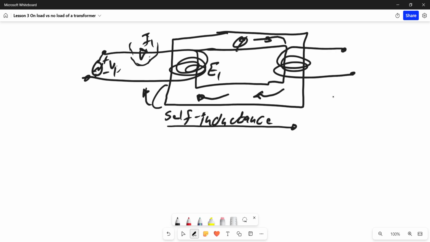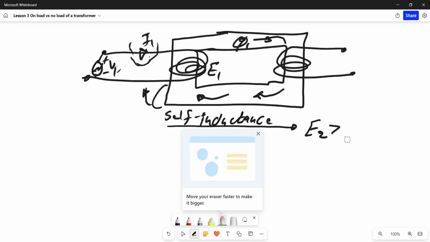Okay, meaning when this flux, let me call it the original flux, flux 1, cuts the second winding, an EMF is also induced, which is called E2. Okay, E2 will be in the same direction as E1.